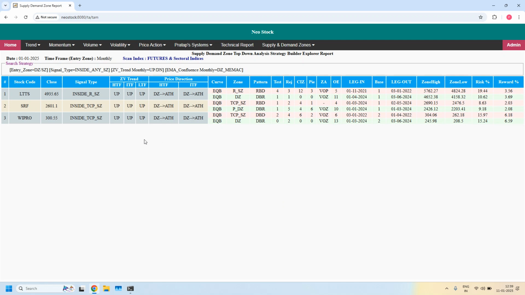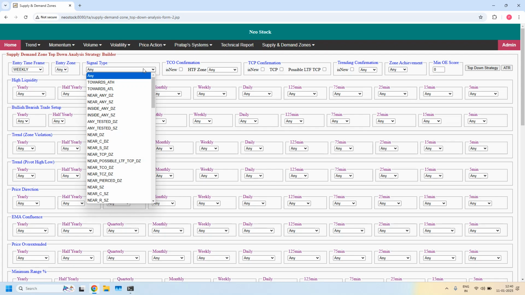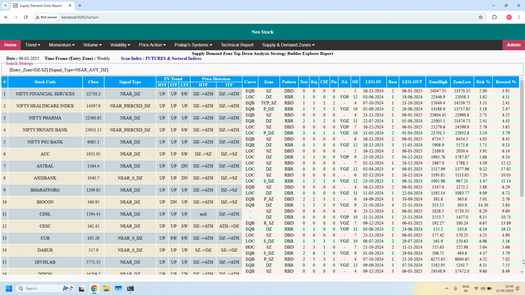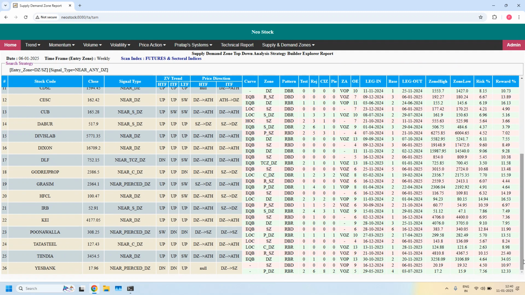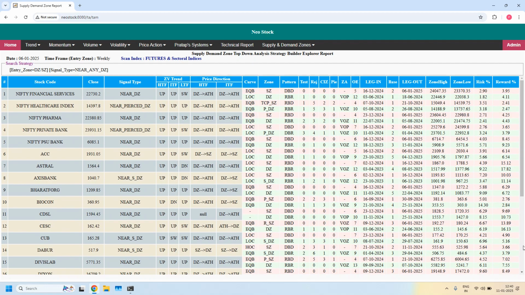Okay, this is about monthly time frame. Next time frame is weekly. Price stocks near weekly demand zone. We got a big list. First 15 stocks out of 26.